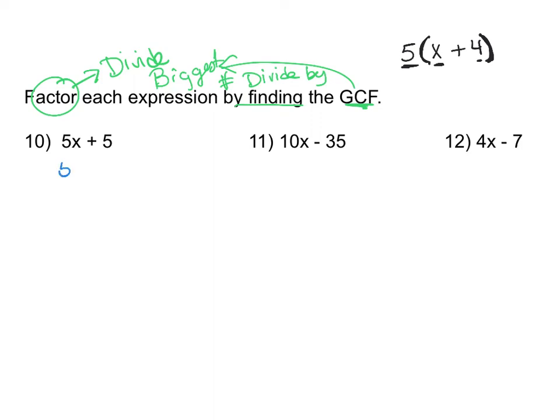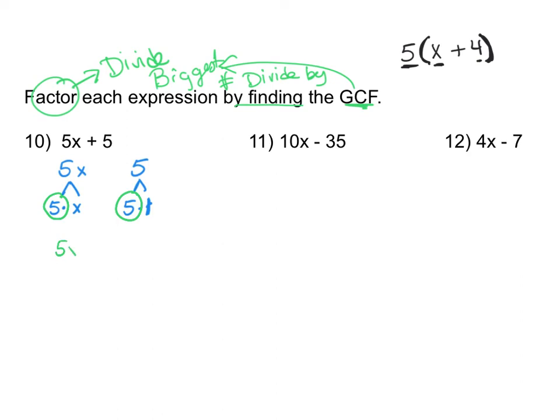So I'm going to find the GCF of 5x and 5. That would be 5 times x, and the 5 would be just 5 times 1. Okay? So what's similar between the 5x and the 5?